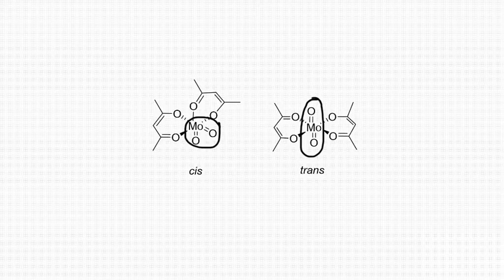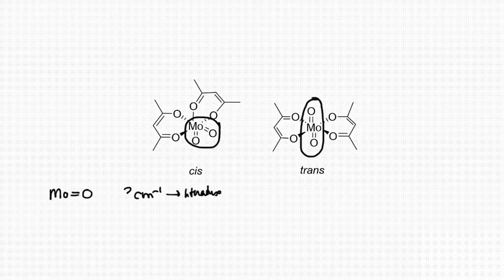You'll need to find where MoO stretching modes happen in the IR, so how many wave numbers, and you can do that using the literature. And then the last thing you're going to do is calculate the stretches and the IR spectrum using WebMO.